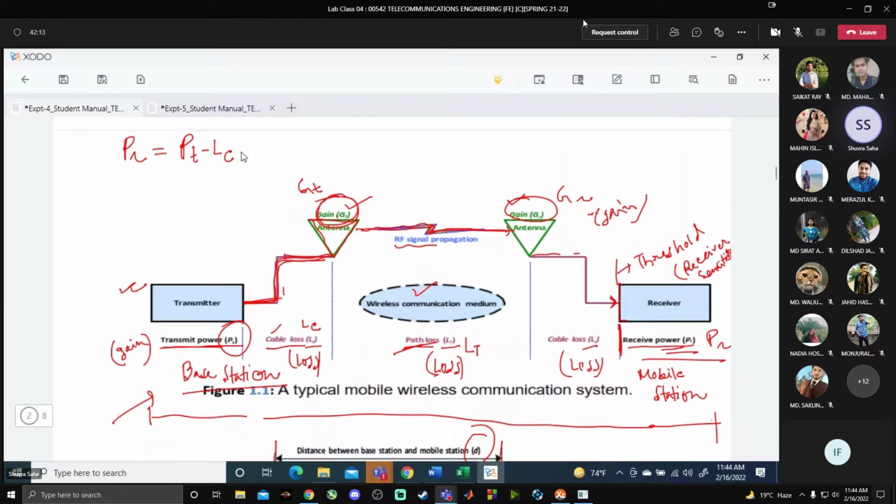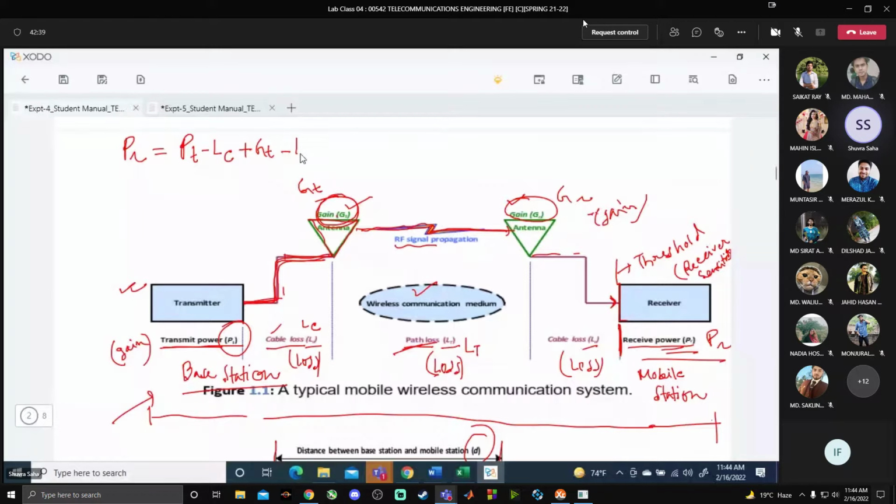Will GT be plus GT or minus GT? What do you think? Quick. Sir, plus GT. Okay. Then what should I write next? I have to come up to PR. After GT, what is the next thing? Sir, path loss, so minus LT, sir.